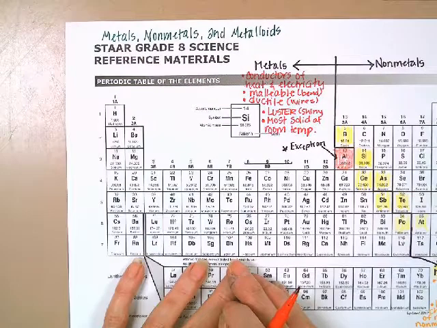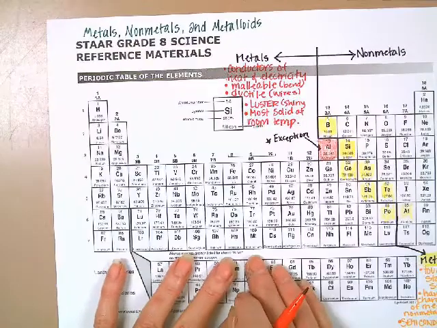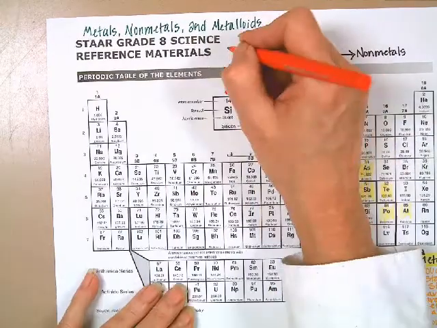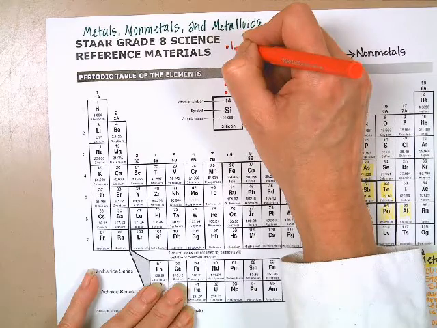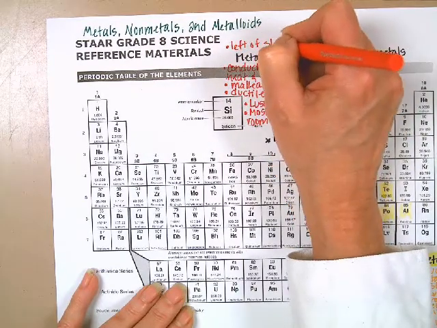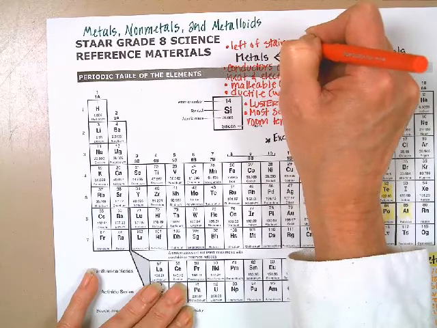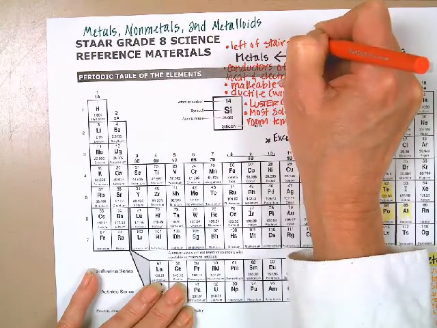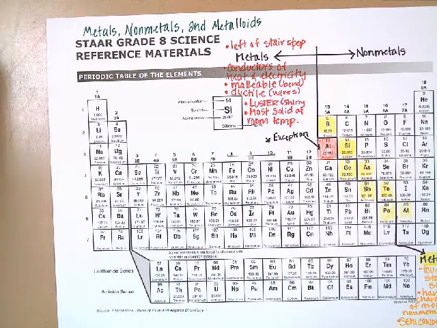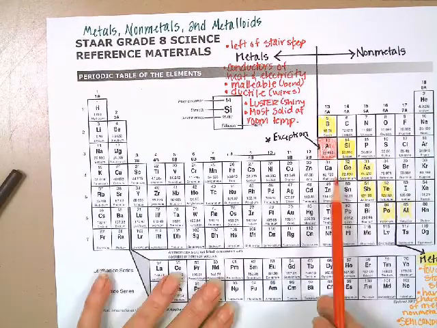Now let's shade them in on the periodic table. Let's locate them all. Remember, we said all the metals are to the left of the stair. Okay. All right, so let's go ahead and shade them in. We already had shaded in aluminum.